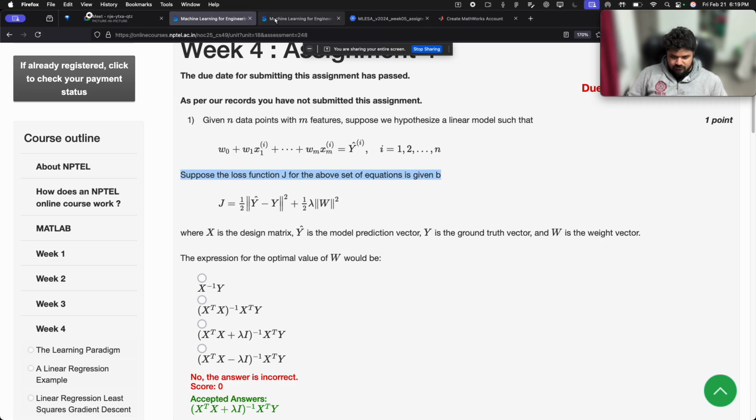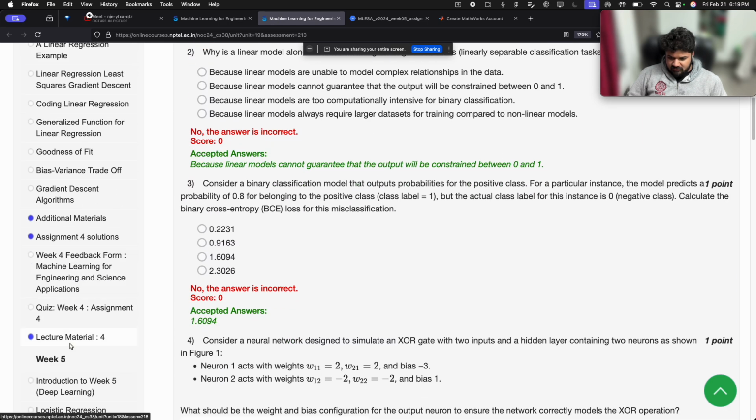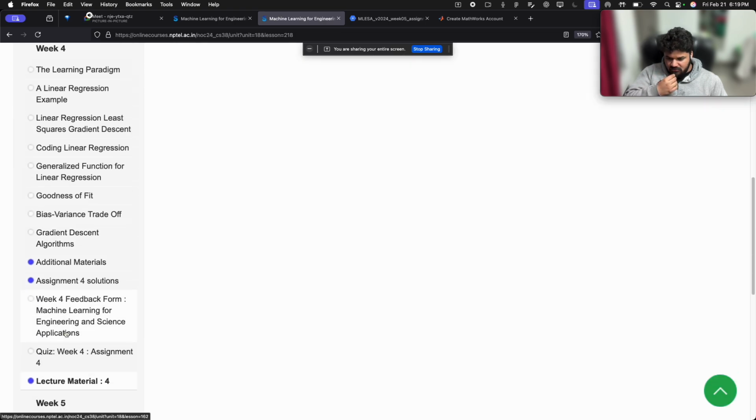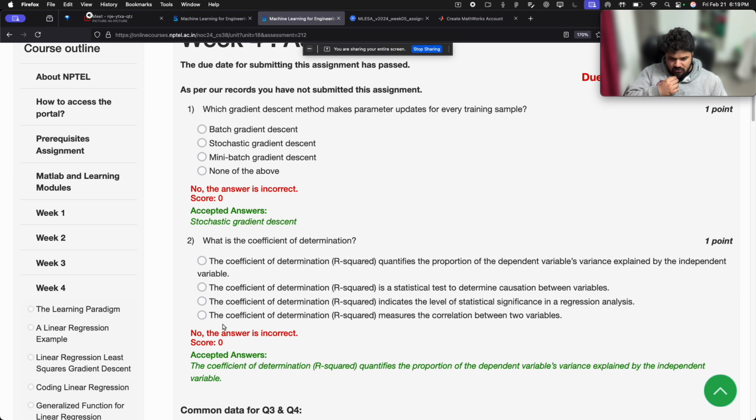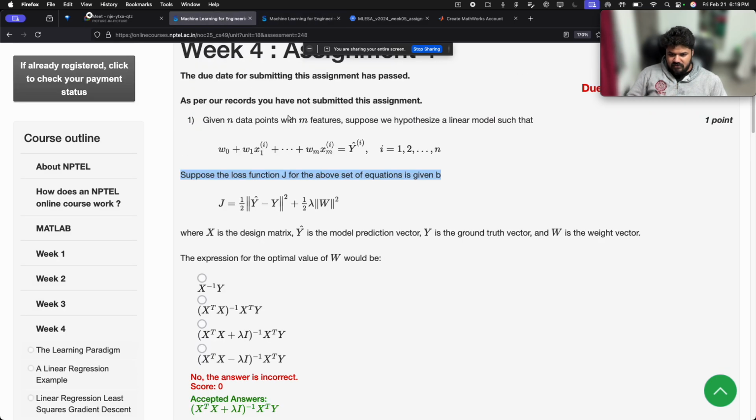Just a second, let me open last year's assignment 4 also. Okay, yeah, this one we have discussed.